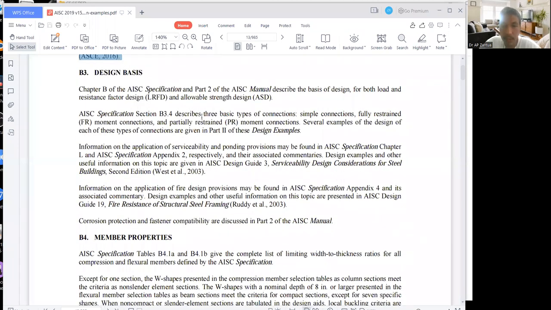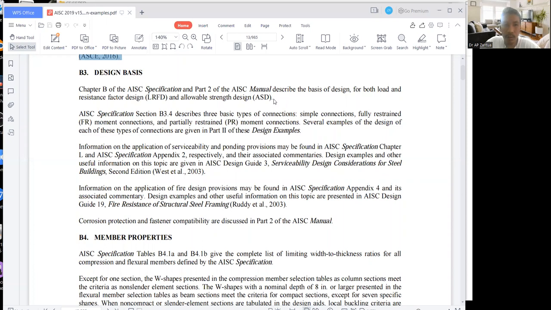Okay. The design basis. So now let us talk about the different design basis. So number 1, load resistance factor design, and number 2, allowable stress design.